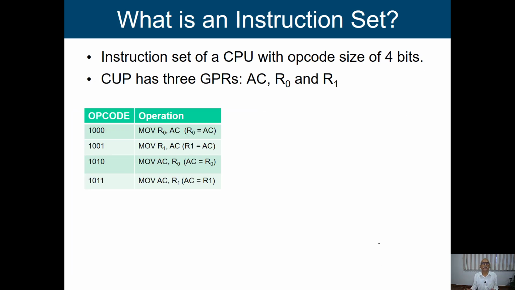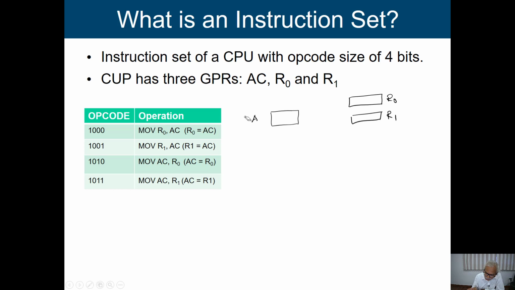Okay, now here again I am coming back to this particular operation. So I am having these 4 opcodes 8, 9, 10, 11, and these 4 opcodes are designed to perform this particular movement operation. That means I am having the register accumulator and registers R0 and R1.